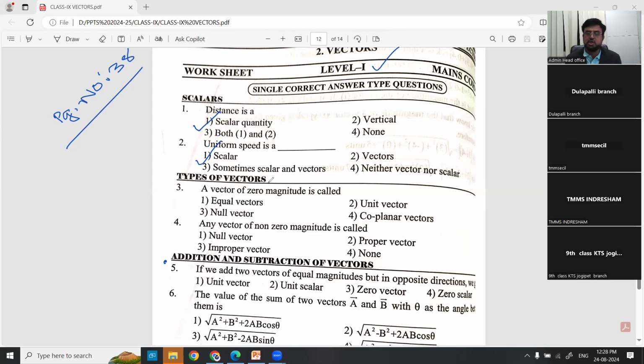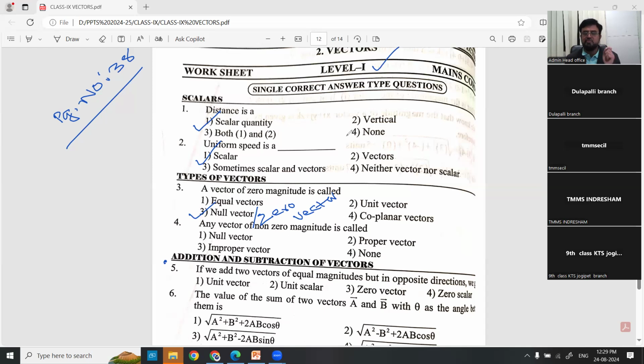Next, questions based on types of vectors, what we discussed, right? So a vector of 0 magnitude is called either 0 vector, or it is also called null vector. Null means 0.